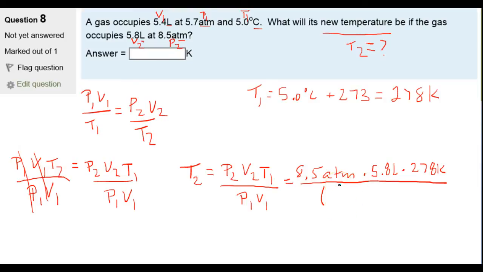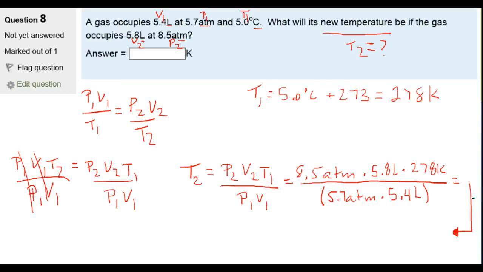That way when I enter this all in my calculator at the same time, I can get the right answer. P1 is going to be 5.7 ATM. And V1 is going to be 5.4 liters, it looks like. There we go. So I'll go ahead and put the answer down here since I'm running out of room.